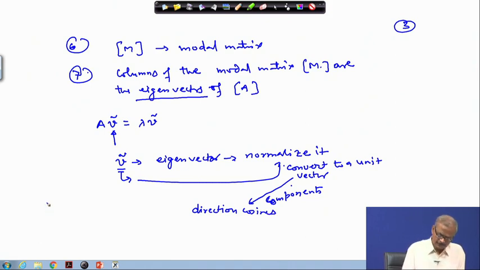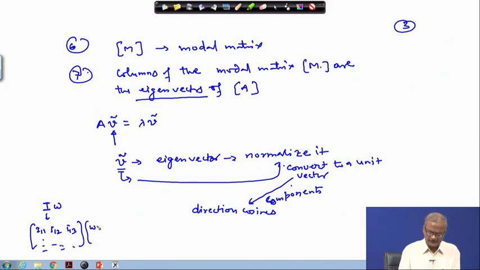Let us say that I omega we have written earlier. Obviously, I is a matrix where you have the I 1, I 1, I 1, all these terms. And then you have omega 1, omega 2, omega 3.